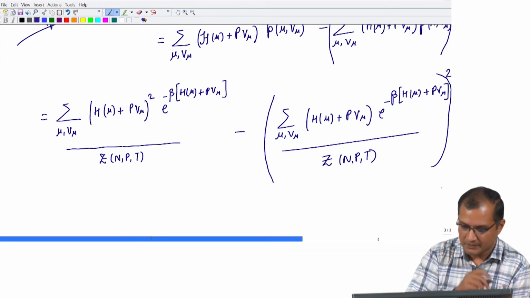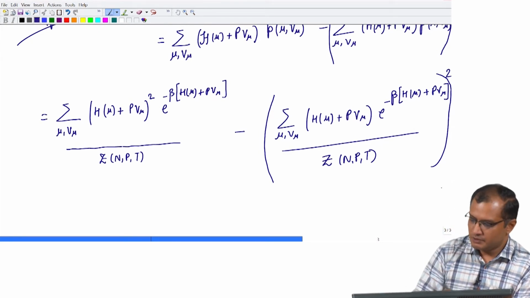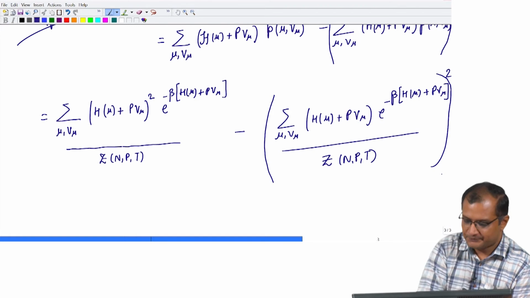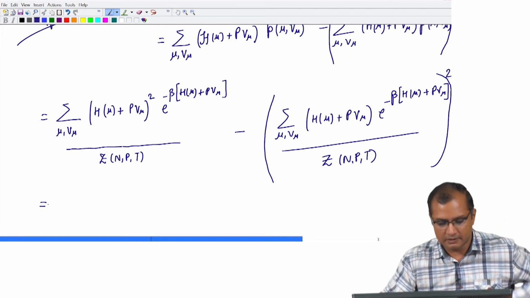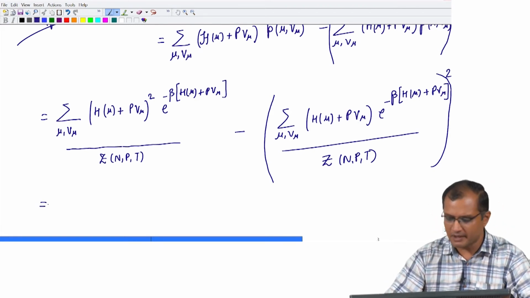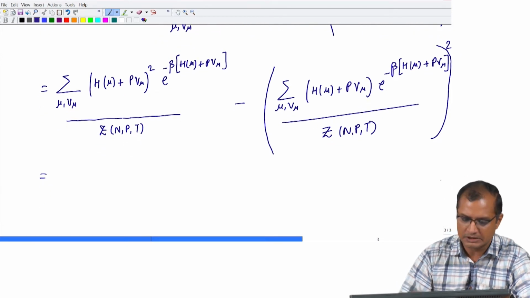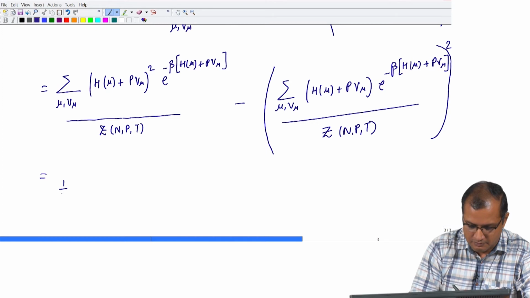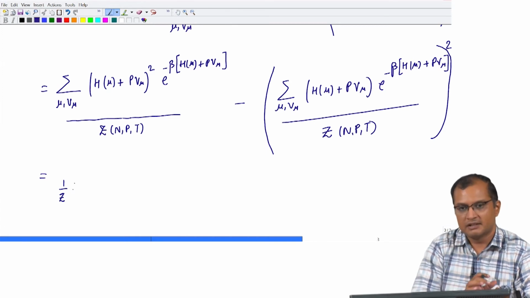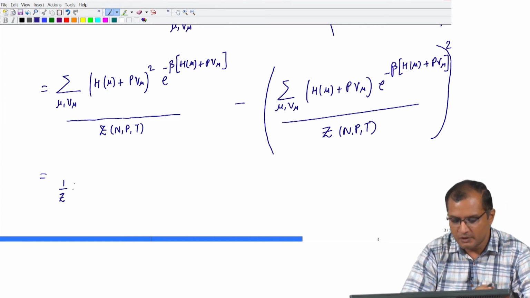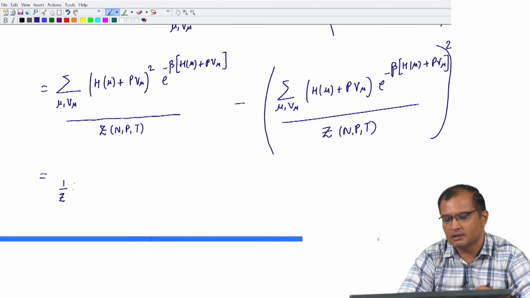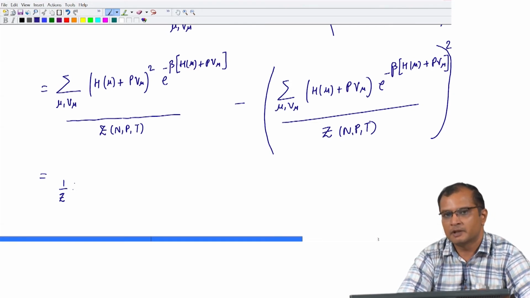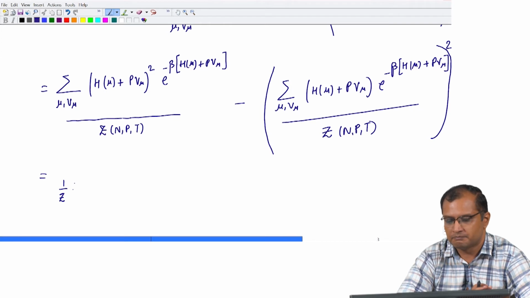So, what you can do here now is simply write down the first term as 1 upon Z, where I take the denominator outside, and the numerator, if you carefully see, is nothing but the instantaneous enthalpy pulled out twice from the partition function.